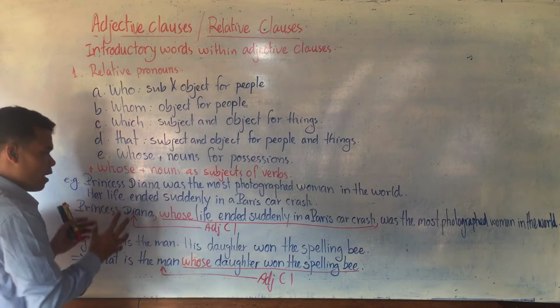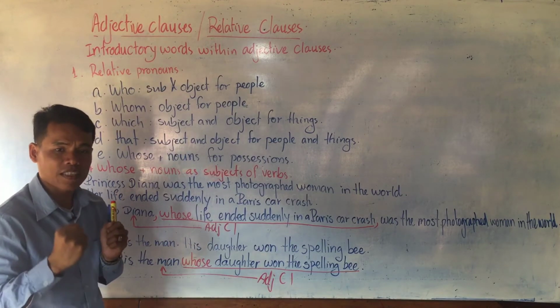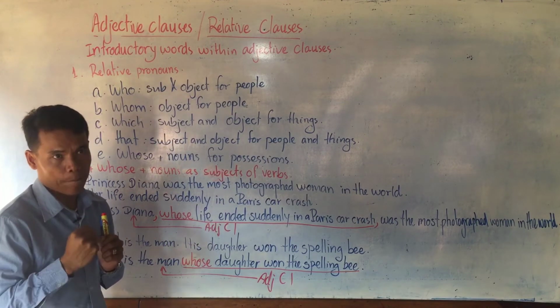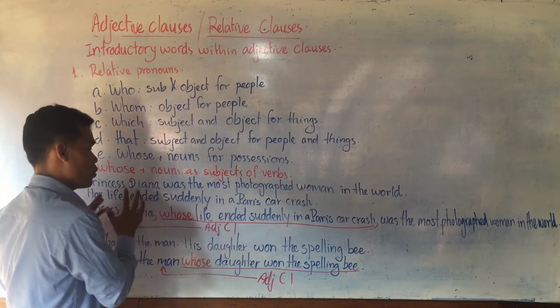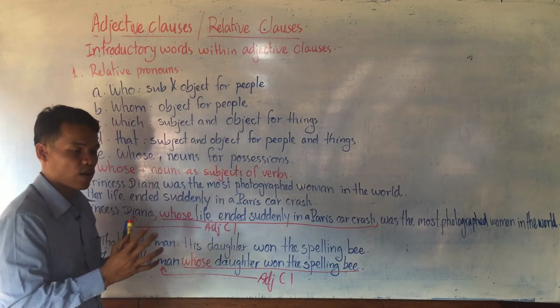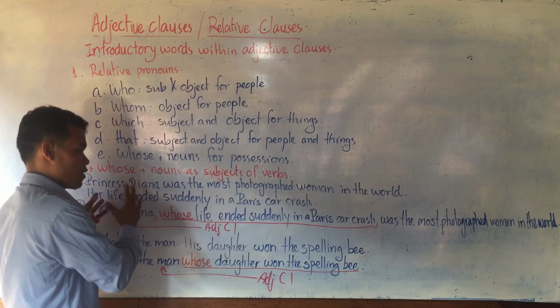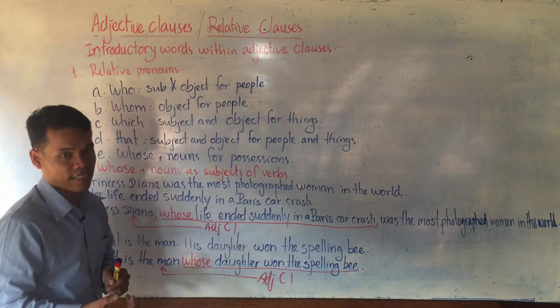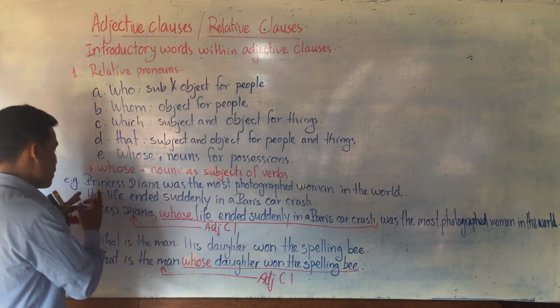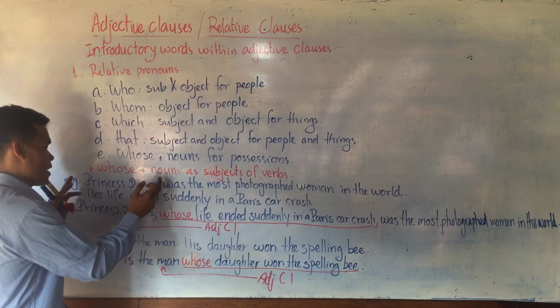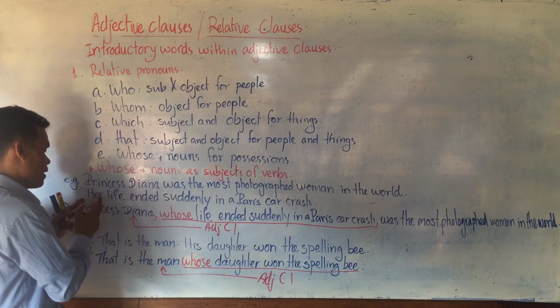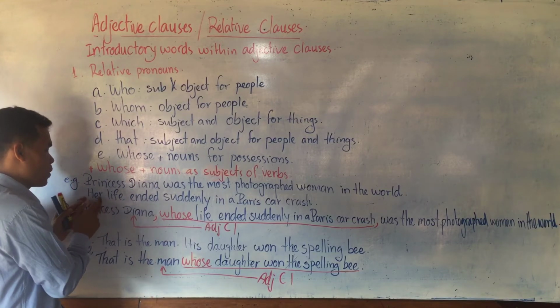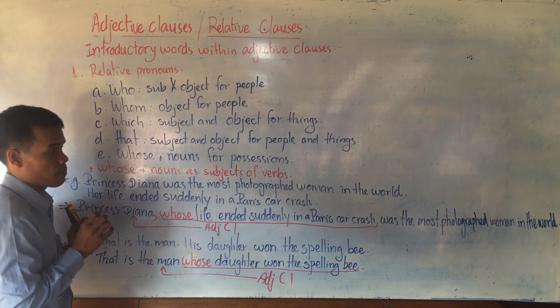Again, in order to combine two simple sentences into one complex sentence, we have to think of two nouns. The first noun in the first simple sentence and the second noun in the second sentence. But in this one, the first noun in the first sentence is Princess Diana, and in the second sentence we have only her expressing possession.